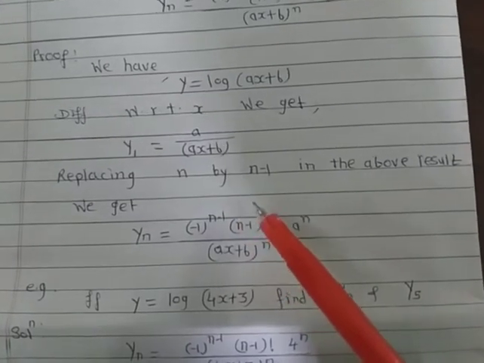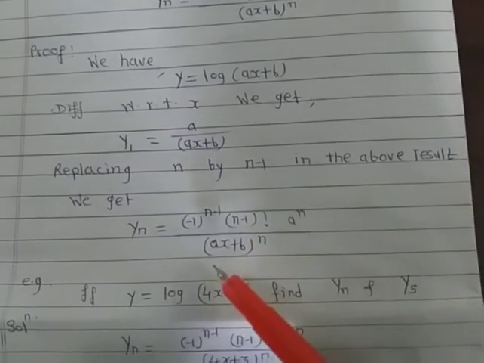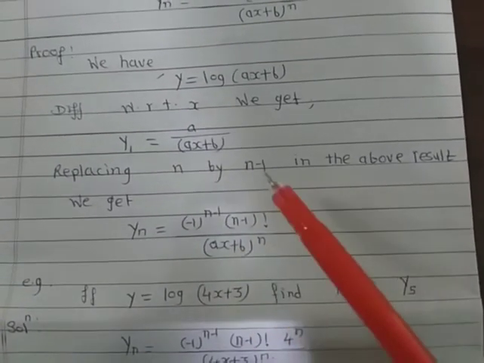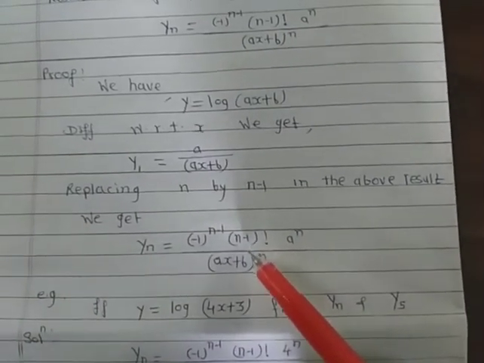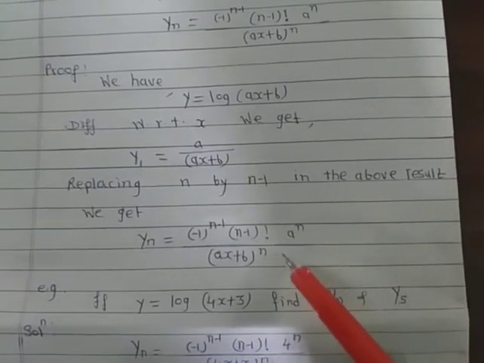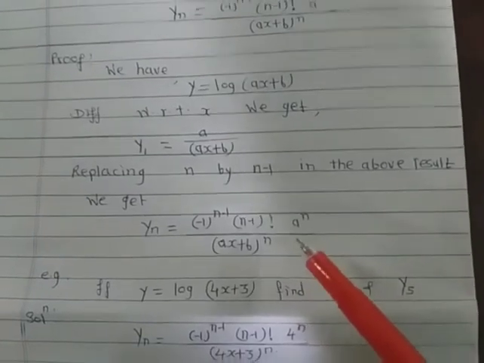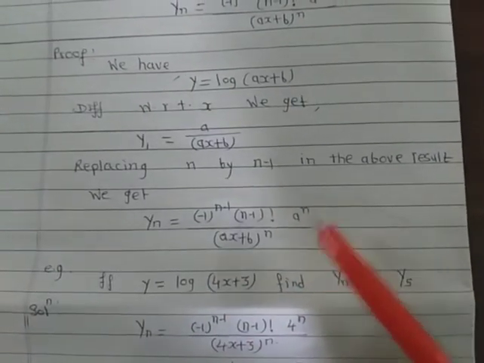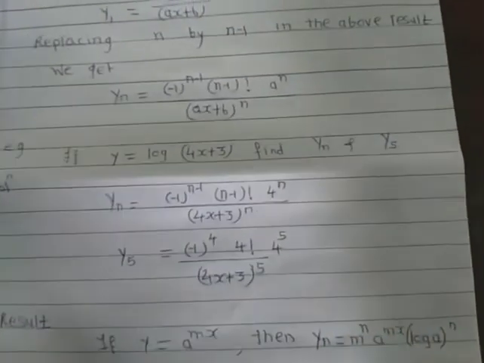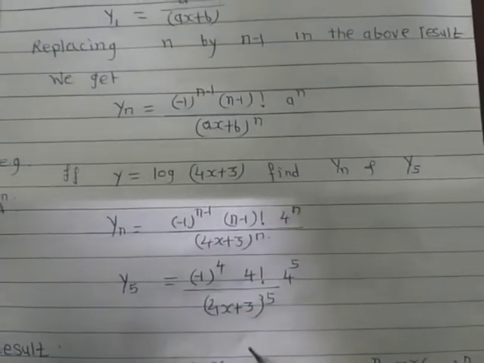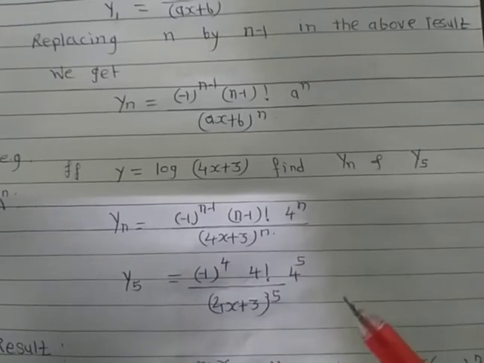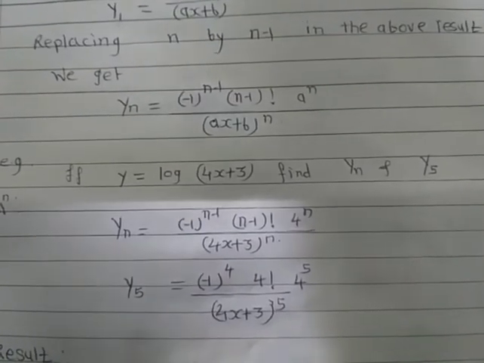Replacing n by n minus 1 in the above result, we get yn equal to minus 1 raised to n minus 1 into (n minus 1) factorial into a raised to n upon (ax + b) raised to n. Now consider an example. If y equal to log of (4x + 3), then find yn and y5.